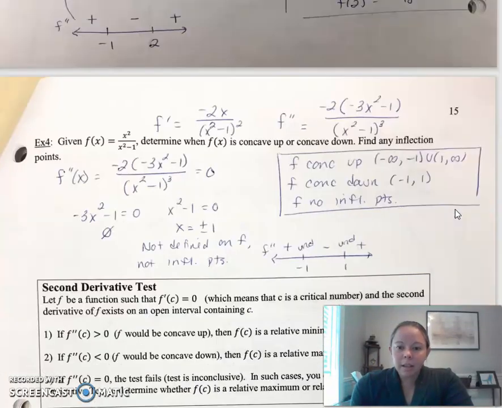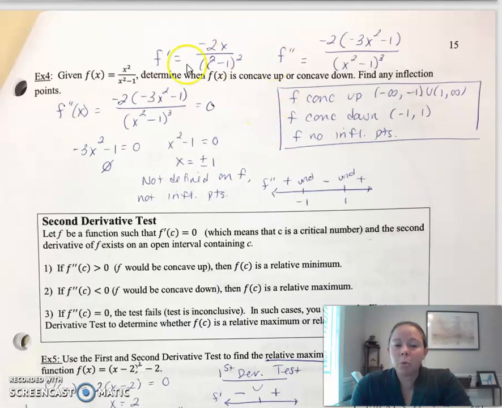Here's another example of determining concavity, and here's where I want to point out that with this rational function, you have 2 asymptotes at +1 and -1. You can change concavity when you cross over the asymptote. So you do need to still put those on your number line, just like we did with increasing and decreasing. If there's an asymptote, you still want to put it on the number line.